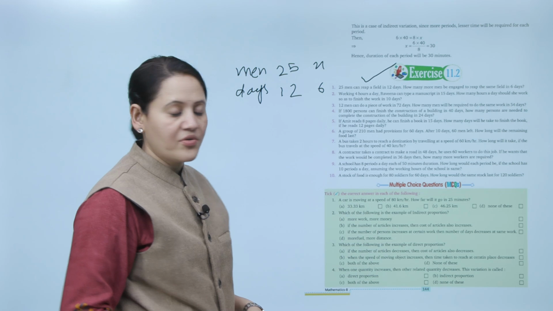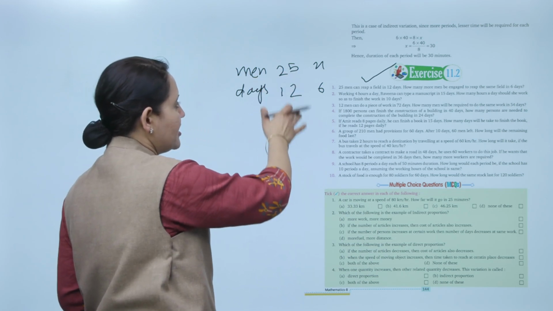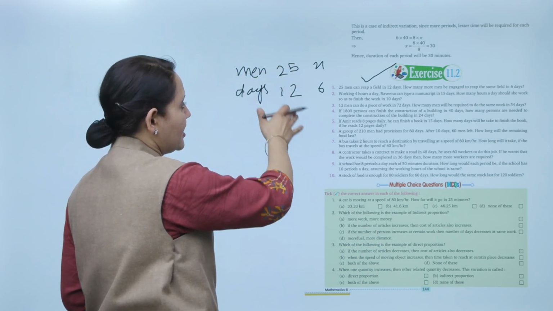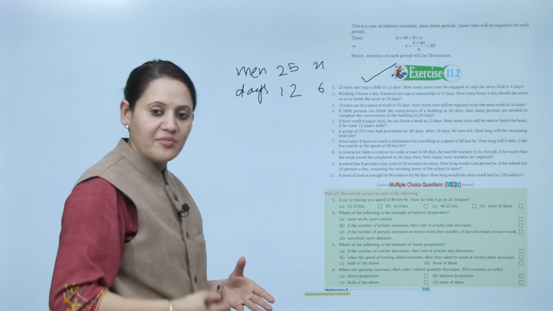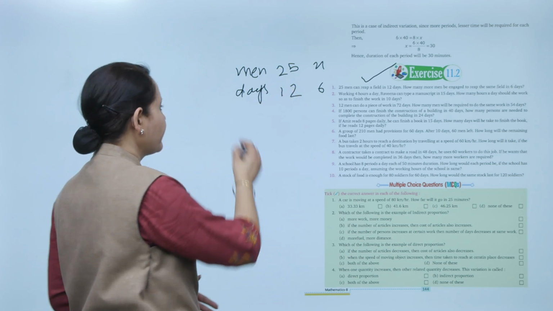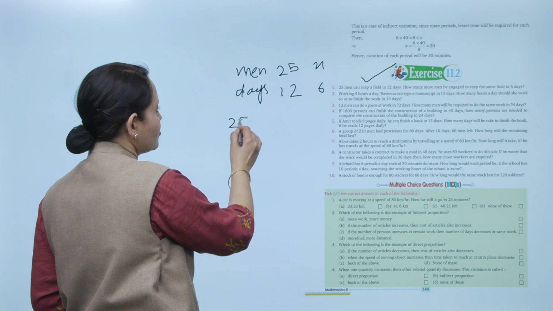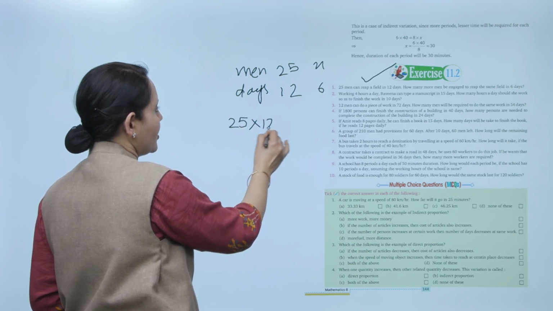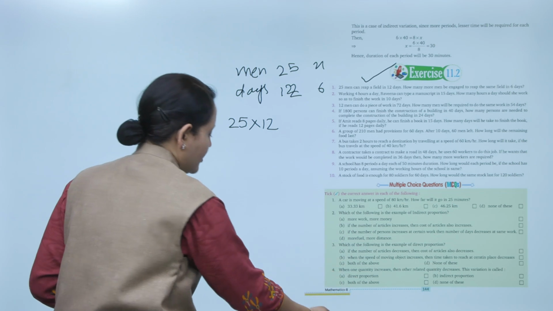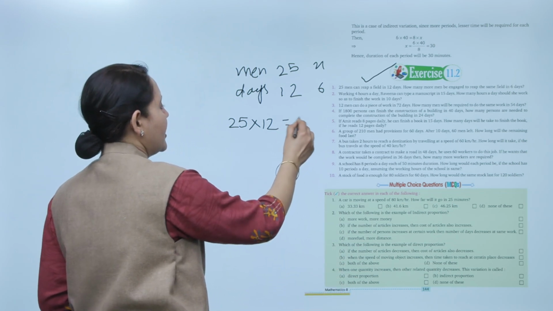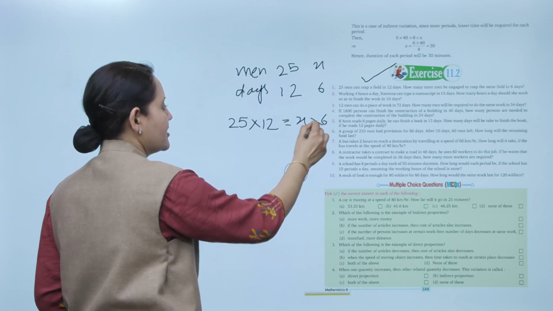As we know, it is inversely varied, like inverse proportion का case है, because number of men increase होंगे तो days कम होंगे. Clear? So as we know, the ratio 25 into 12 is equals to x into 6.